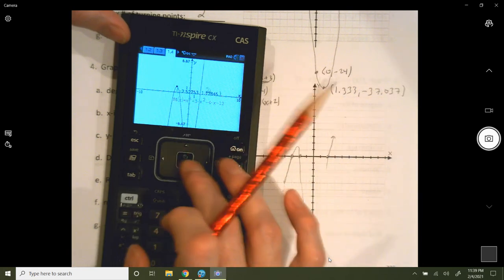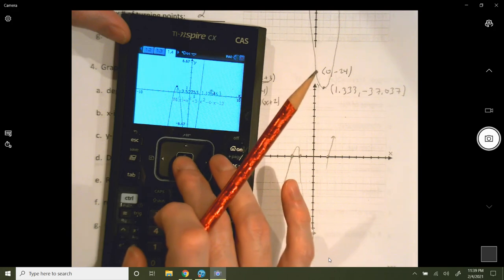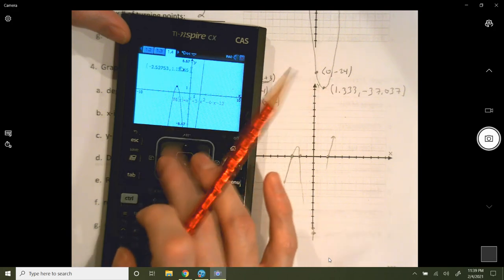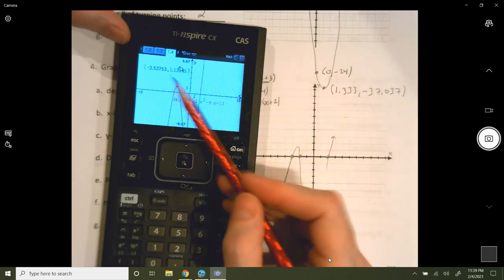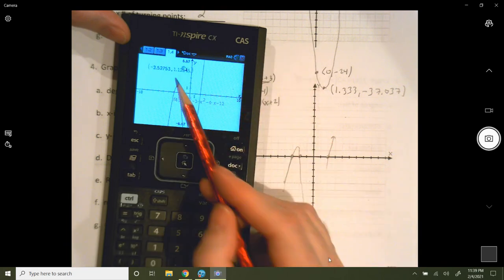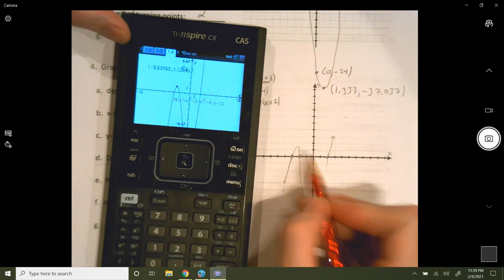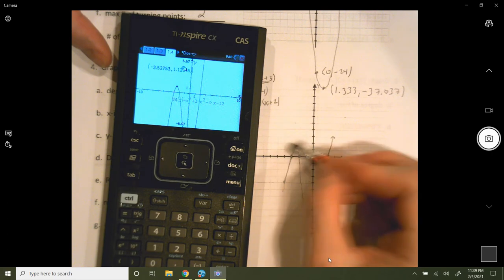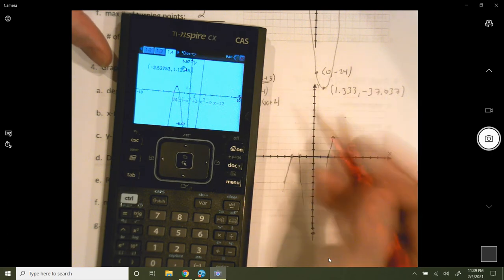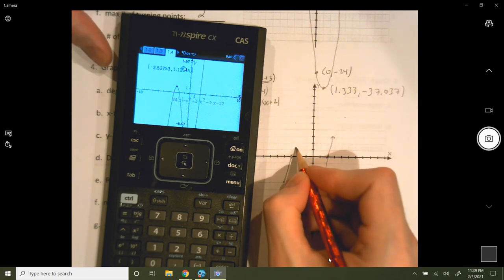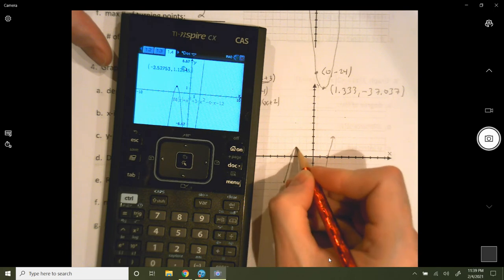And let's grab it, move it out of the way so we can see it a little better. Okay, 3 decimal places, my y value is 1.12. Ooh, for once I was close. Look at that. 1.12 and negative 2.5. So that's going to be about right here for that max.